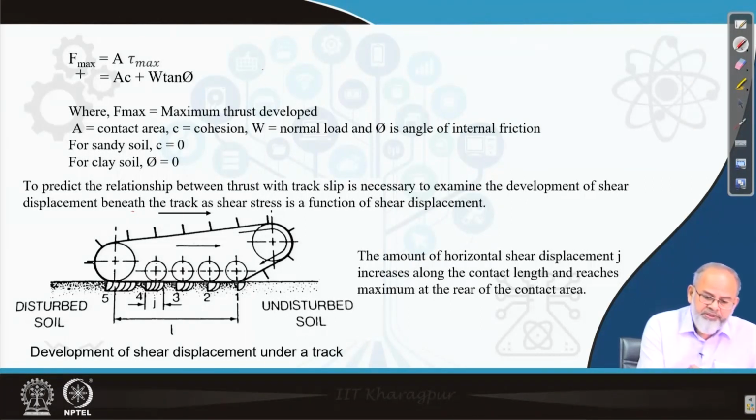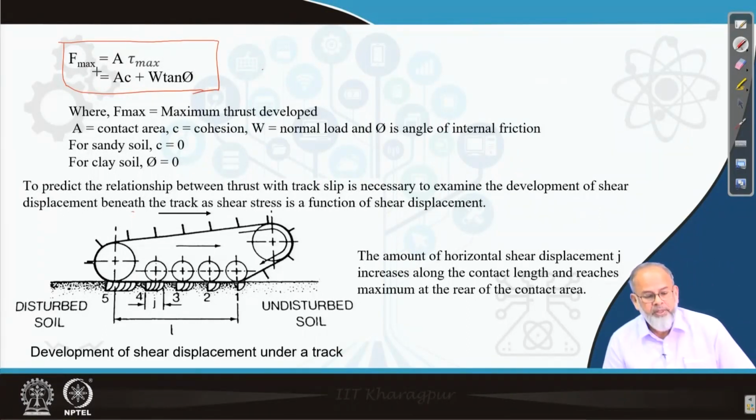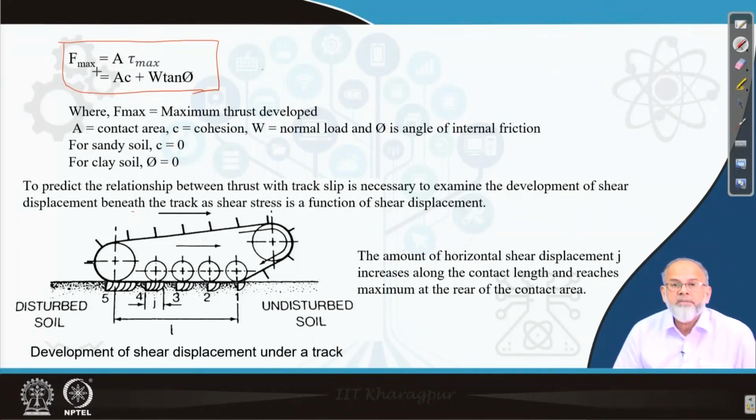Now, the equation given here is the maximum thrust or tractive effort which is developed, which will be equal to contact area A into shear stress tau max. So, in other words, I can write it as A into C plus W tan phi, where A is the contact area, C is the cohesion, W is the weight acting on the track, and phi is the angle of internal friction.